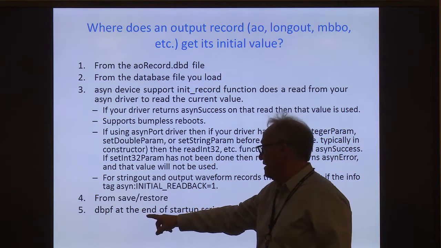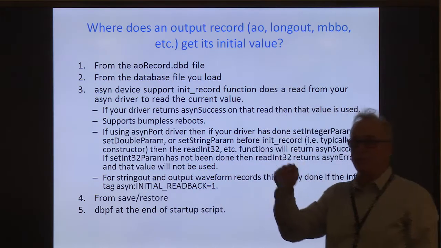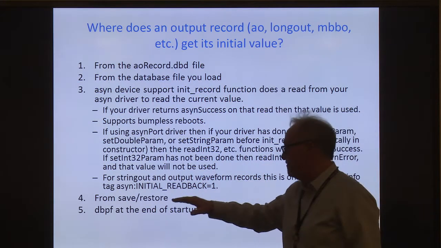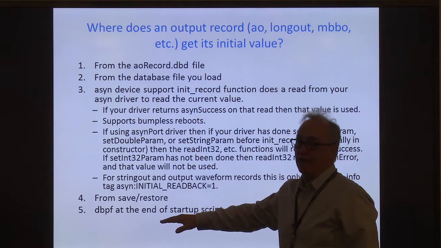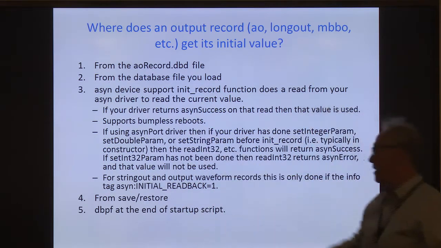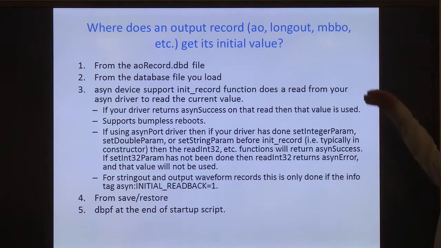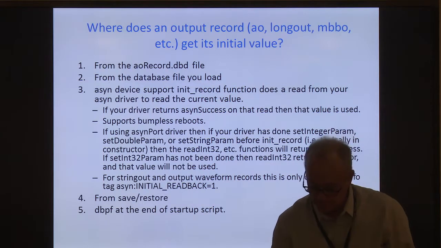And then finally, at the end of your startup script, you might have a dbpf, a dbPutField command, to manually write a value to that record. So anyway, if you're using asyn, this is the sequence of operations that your IOC goes through when it boots, which determines the final initial value of your output record.